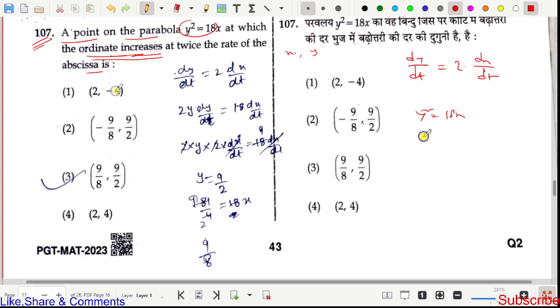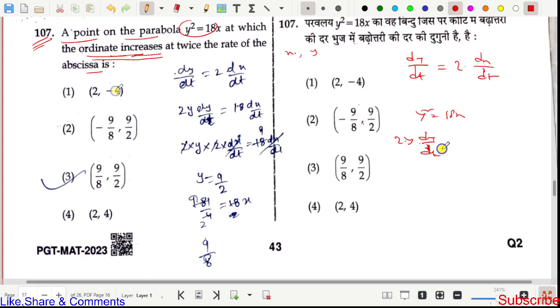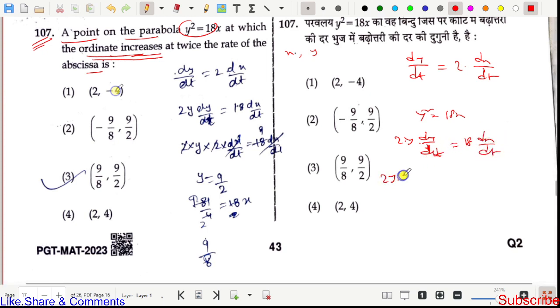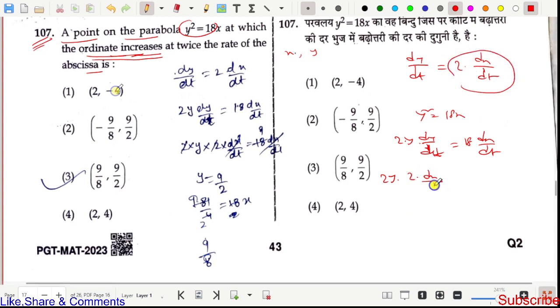Now the function is given, y square equals 18x. Here also we can take the derivative with respect to time t. It will be 2y dy by dt equals 18 into dx by dt. Clear? Now the value of dy by dt we can write from here, that is 2 into dx by dt. That means 2y into 2 dx by dt equals 18 into dx by dt.